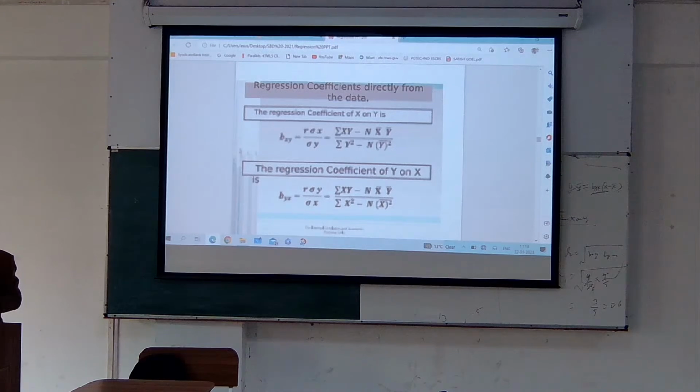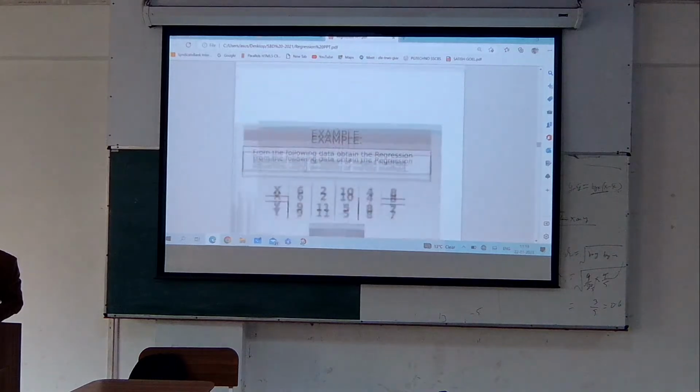Another form of the formulas, so you should remember all the forms: bxy equal to r sigma x upon sigma y, or the formula is sigma xy minus n x bar y bar. Because if you have to calculate from the data, then you have to use this detailed formula. And if you have already been given that the regression coefficient is this, the standard deviation is this, then you can use r sigma x upon sigma y to calculate your regression coefficients.